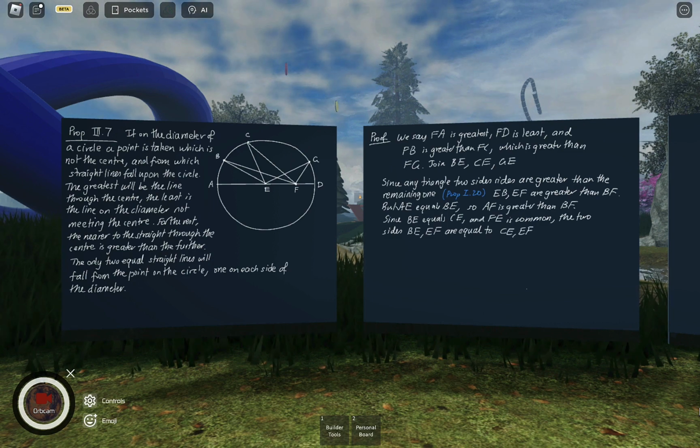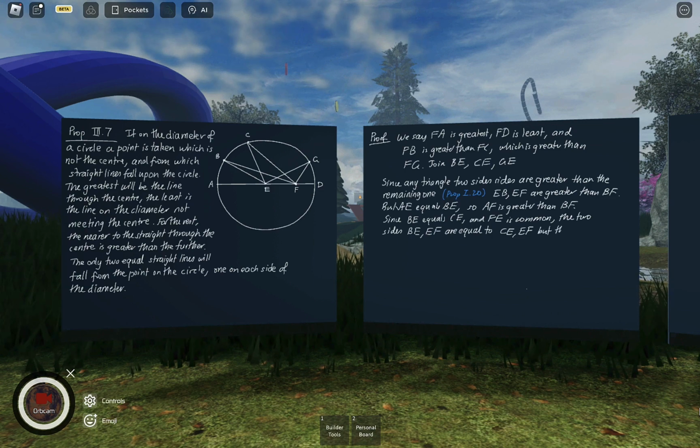Check. BE, EF are equal to CE, EF. Yeah, that's what I said earlier. Right, now we just compare the angles. But the angle BEF is greater than the angle CEF.